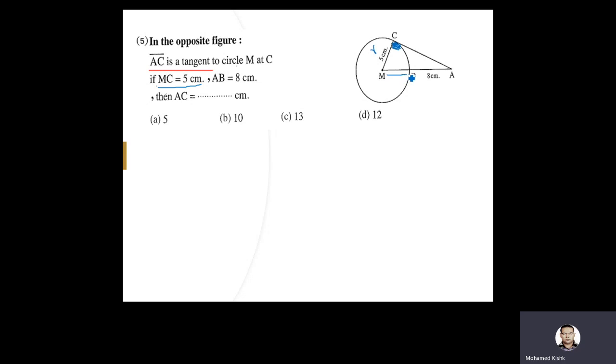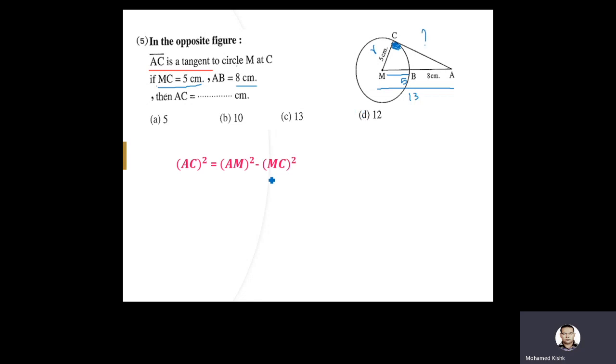Also, MB will be 5 centimeters because MB is also a radius. And AB is 8 centimeters. So the total length of MA is 13 centimeters, 5 plus 8. He is asking about AC.